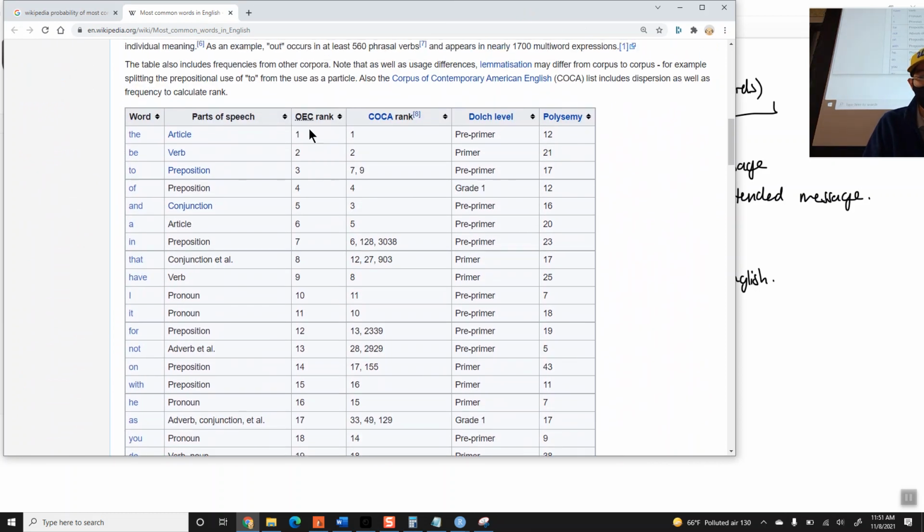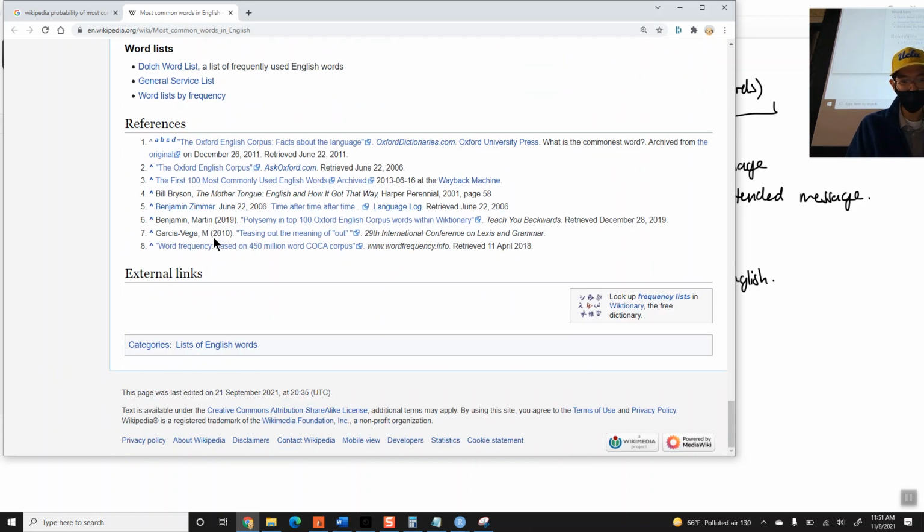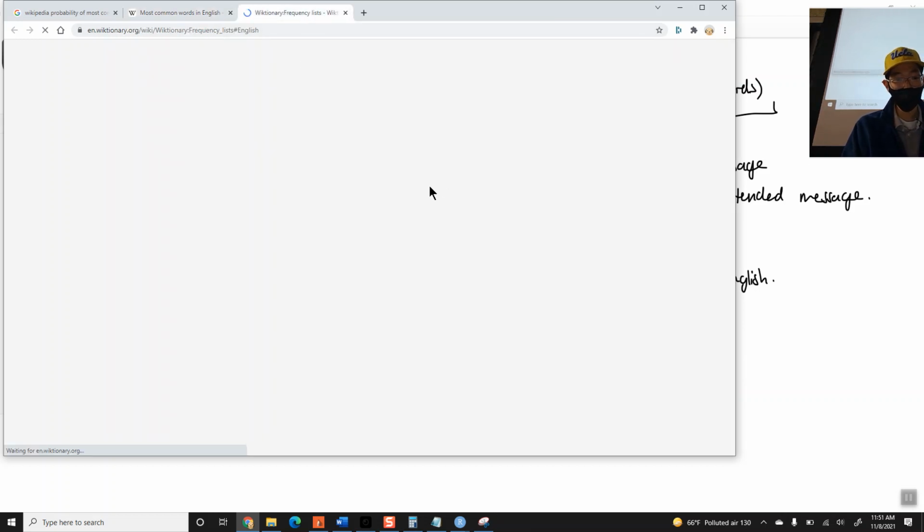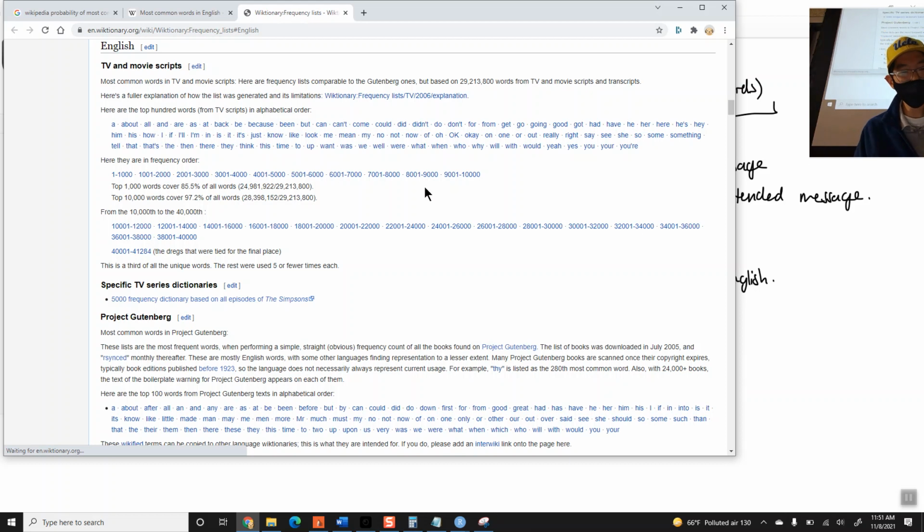So we have the, be, to, of, and, a, in. And then there is something, let's see. Look up the frequency lists in Wiktionary. They're somewhere. There's different resources.